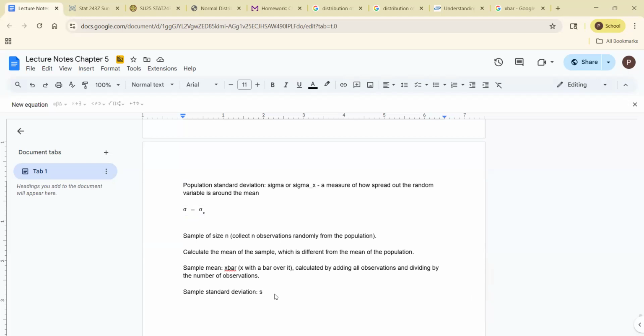So sample standard deviation, S, calculated by summing the squared differences between observations and means, then taking the square root. If you need a reminder, go back and take a look at chapter 2. This describes how spread out the data in the sample is, not the data in the whole population.